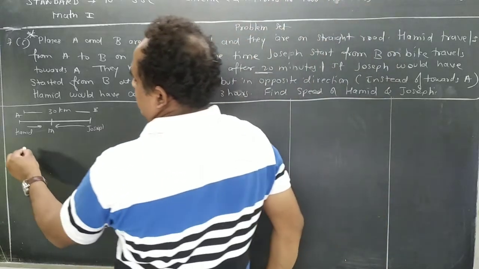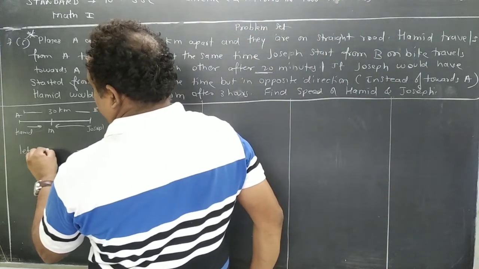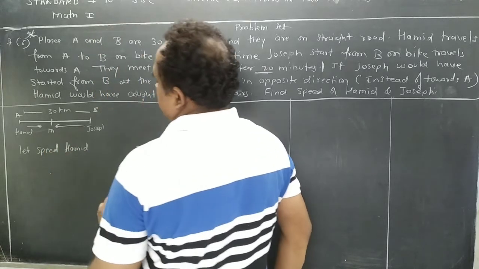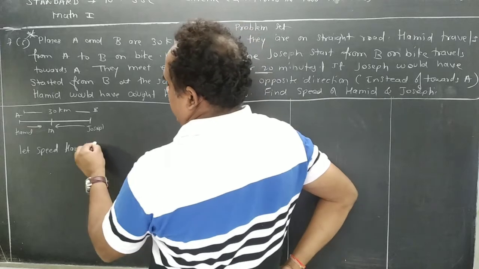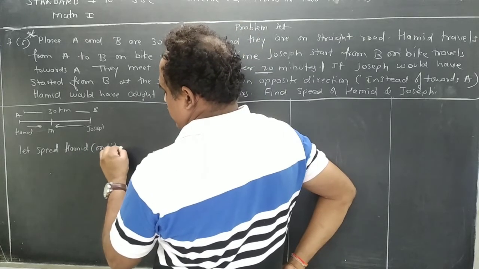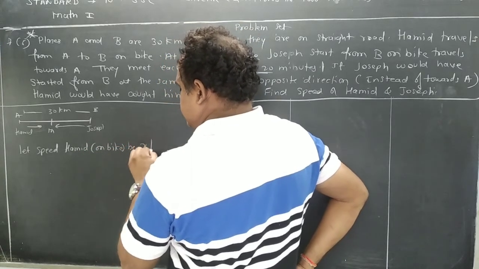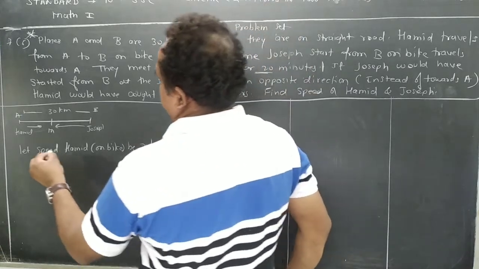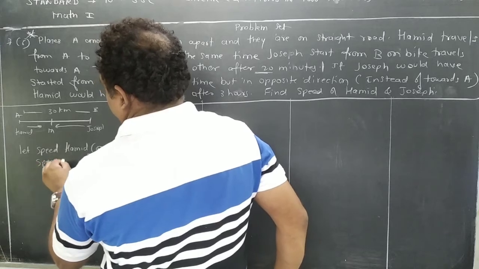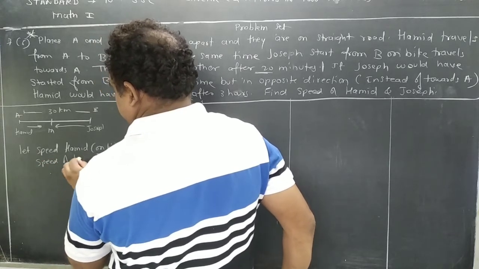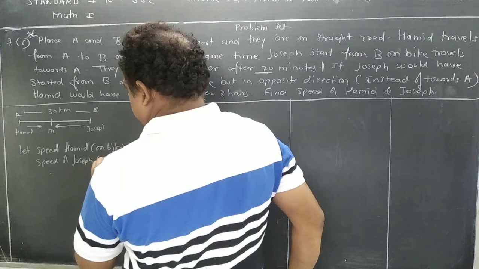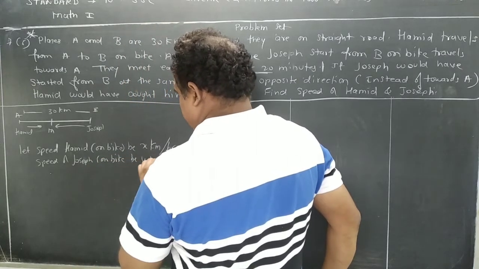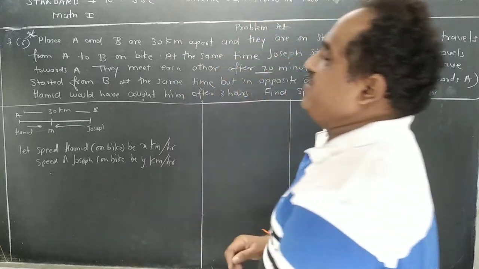Let speed of Hamid on bike be x kilometer per hour and speed of Joseph on bike be y kilometer per hour, and we are going to apply that.